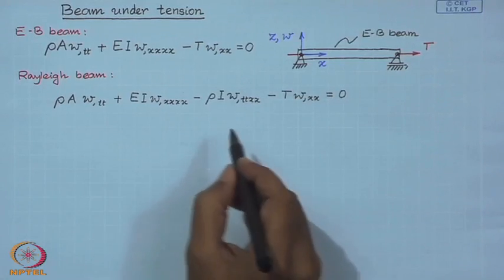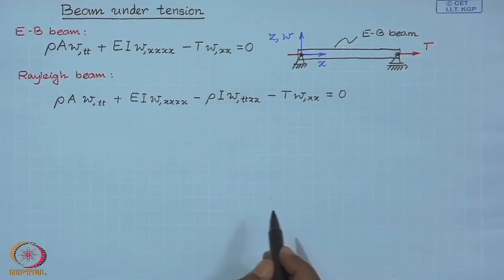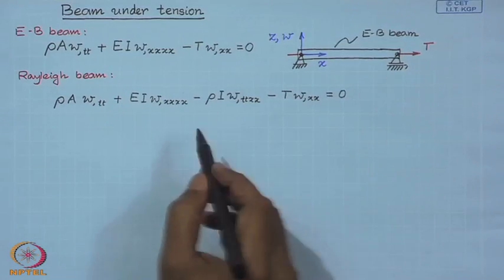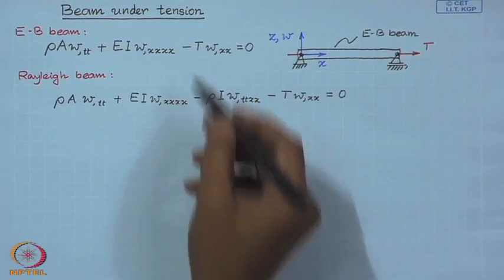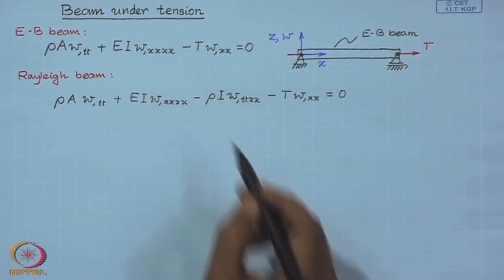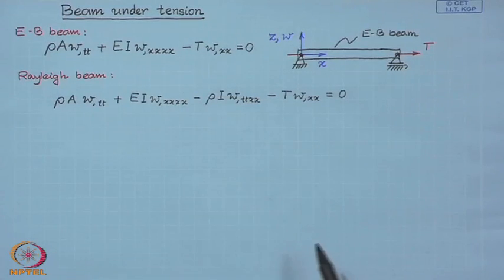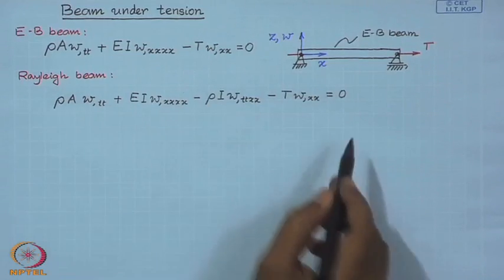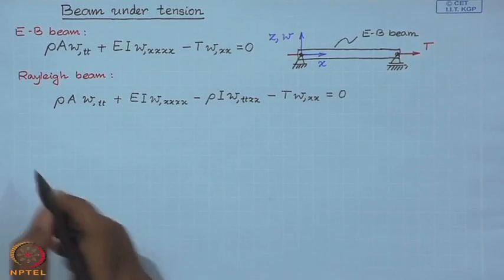So, this is for a Rayleigh beam, which has this additional term because of the rotary inertia. Now, we can always fall back to the Euler-Bernoulli beam if you drop this rotary inertia term. So, we can discuss the Rayleigh beam.